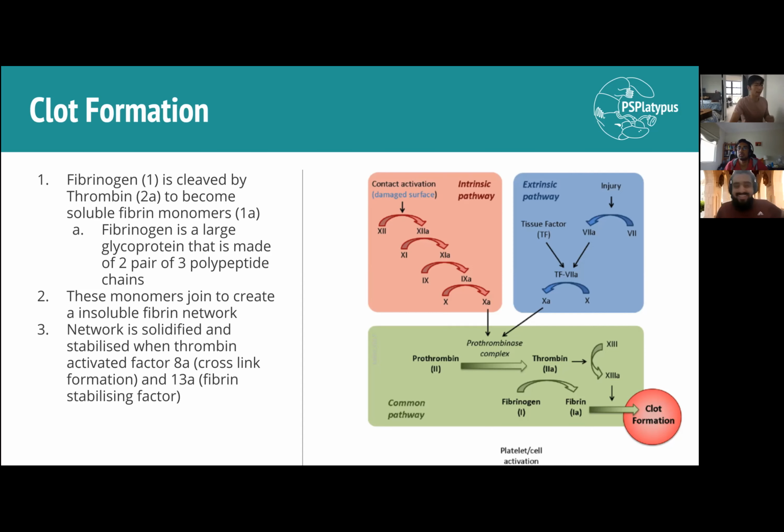And this basically converts fibrinogen into fibrin, which is a soluble monomer, and then it converts it into an insoluble monomer that reinforces the clot, causing it to not melt away and become strong.